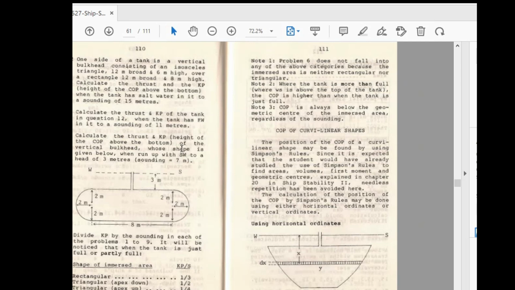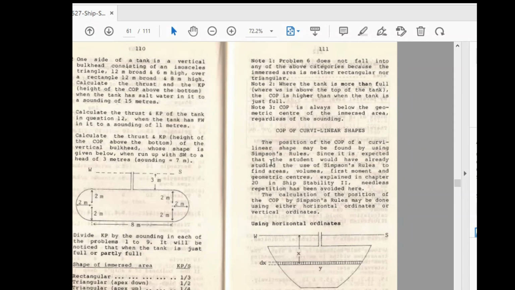This is a combination of two shapes, basically. Okay, so let's do question number 12, exercise 38.